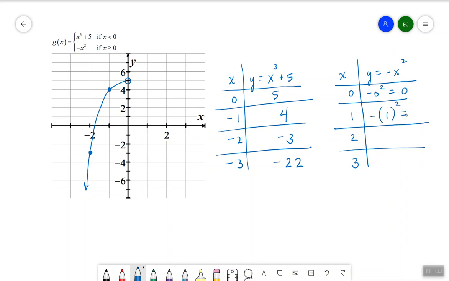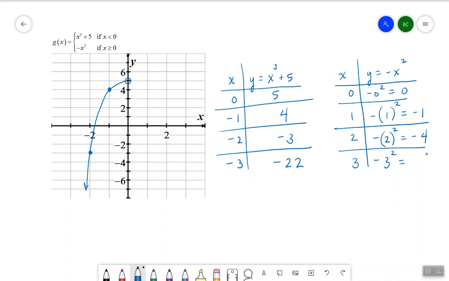So we're going to square 1 and put a negative sign in front of it. We're going to square 2 and put a negative sign in front of it. And the parentheses aren't necessary. I put those there for emphasis. This is just as good. -3 squared doesn't mean square -3.